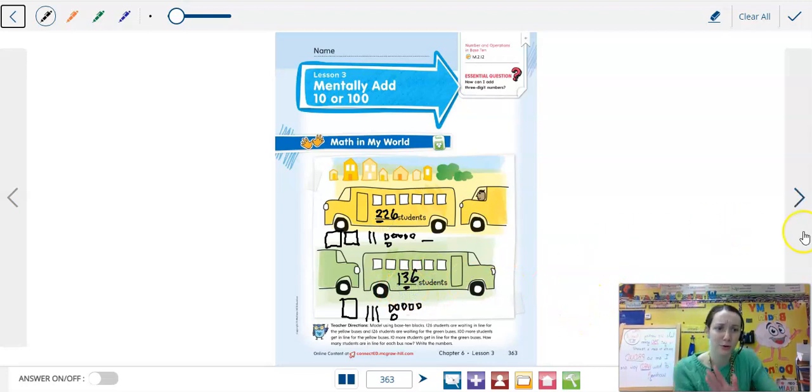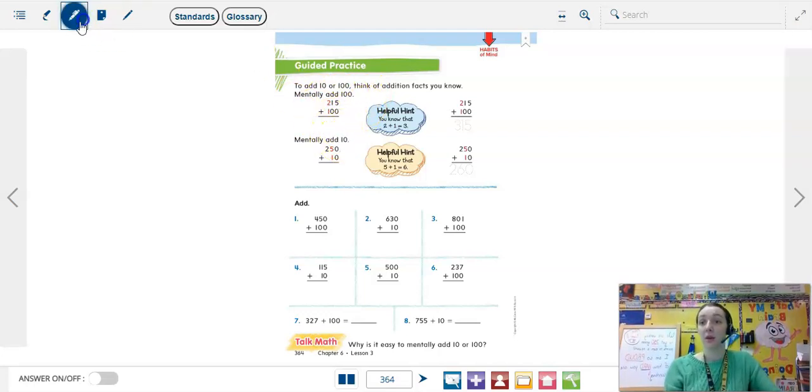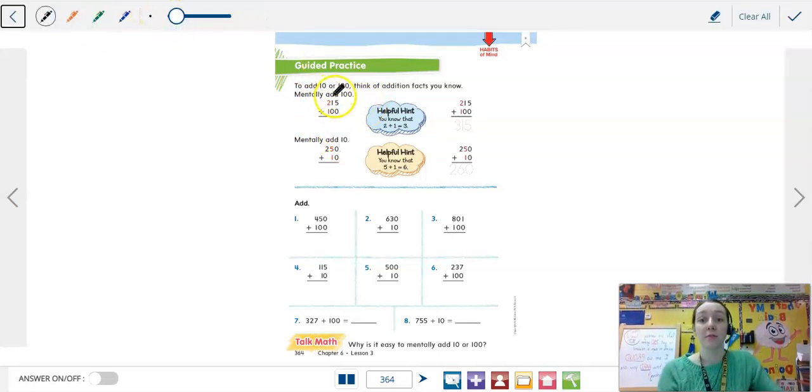Now, don't panic if you're a little confused. Let's talk about that in more detail. To add 10 or 100, you're going to think of addition facts that you already know. In this case, they want us to mentally add 100. So if I have 215 plus 100, the helpful hint is that we know that 2 plus 1 is 3. Because we're not adding anything to the tens and ones, they're not going to change.